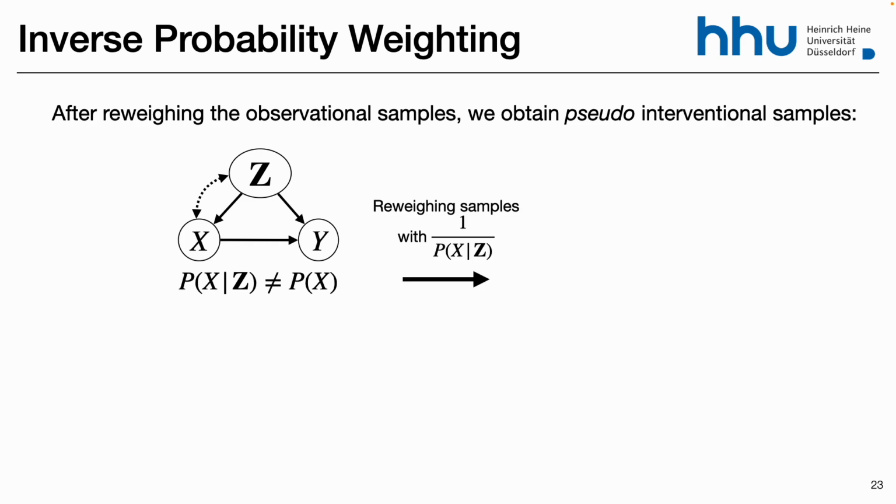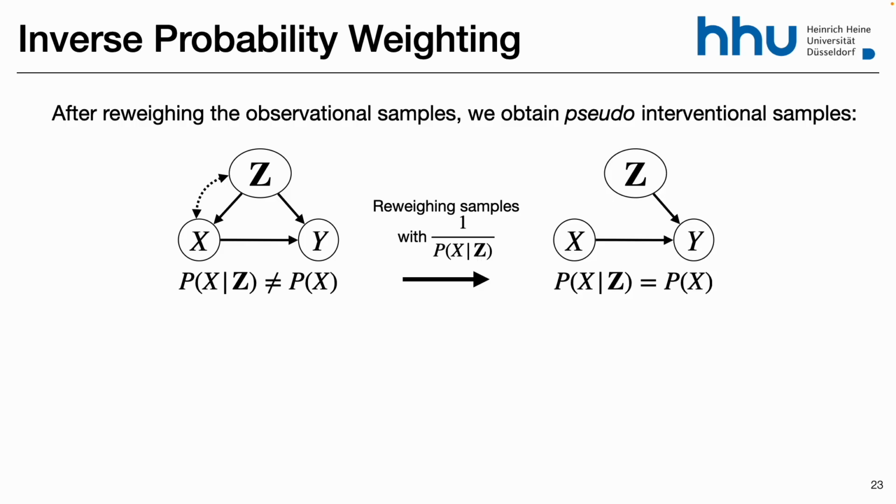But if I do this reweighting, multiplying every unit in my sample by 1 over the probability of X given Z, I will remove or minimize the influence of the Z's on X. And in the end, you will have independence between X and Z.